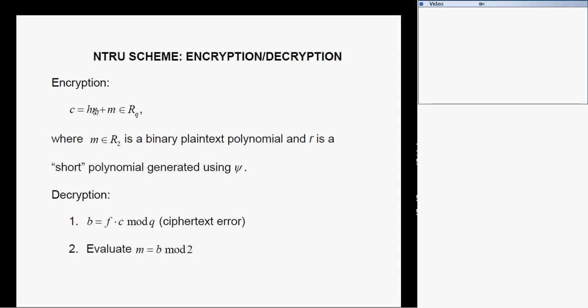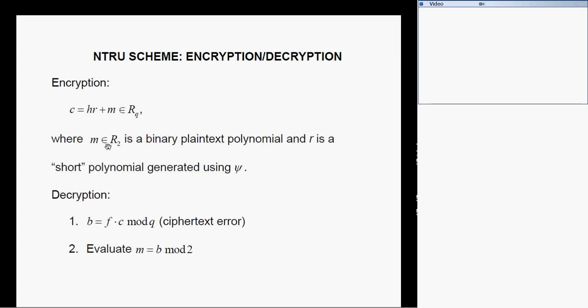In the case that we're looking at here, cyclotomic polynomials, this is generated using a discrete Gaussian distribution. So multiply this by noise, and we add the plain text polynomial expression.